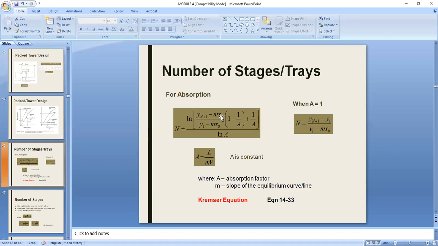And you have here the slope of the equilibrium curve or line. Again, this is the slope of the equilibrium curve or the line. If you have a problem concerning the slope of a curve, because if it's a curve, the slope of course will not be a constant, you have to get the slope at the dilute end of the column. Where is the dilute end of the column?